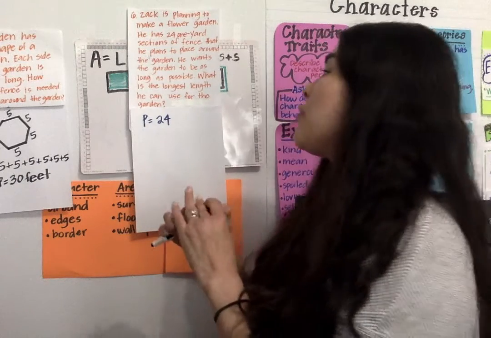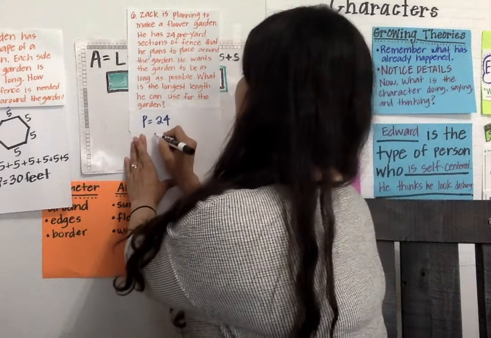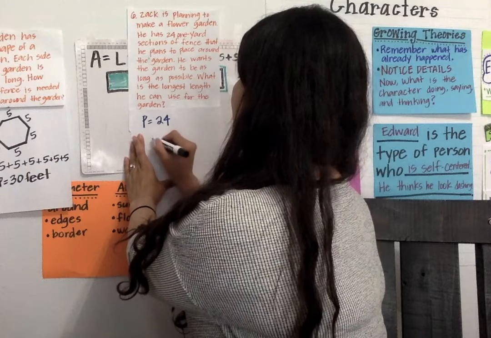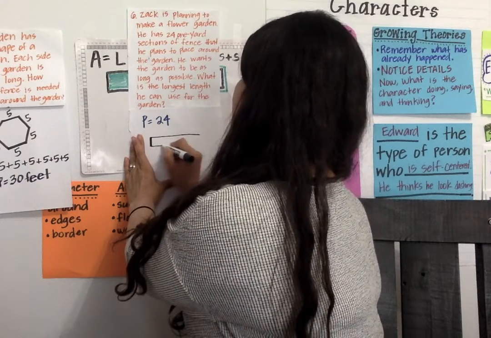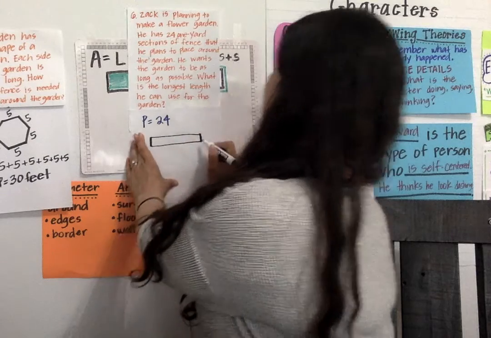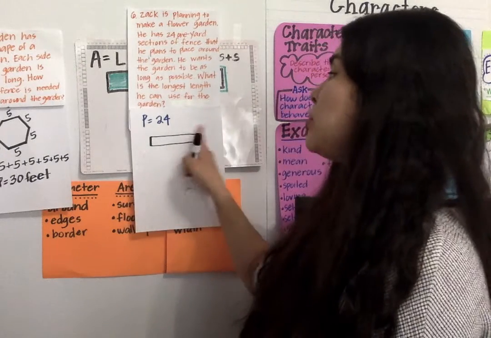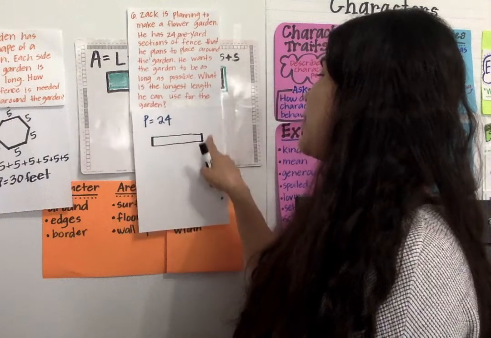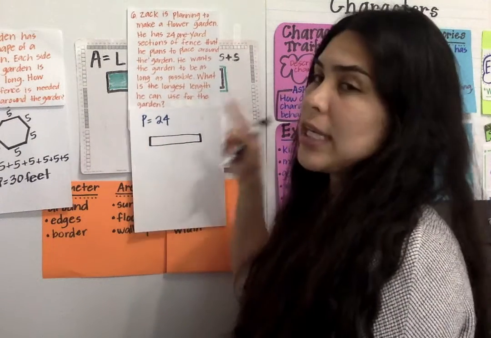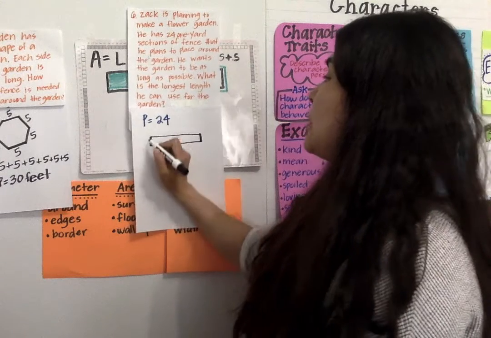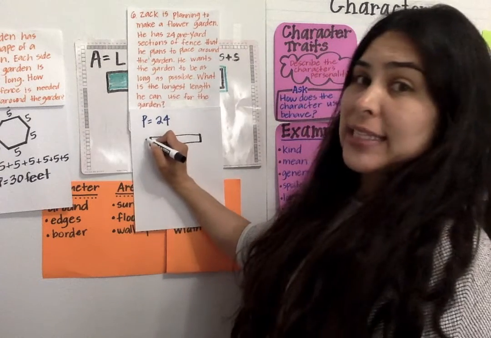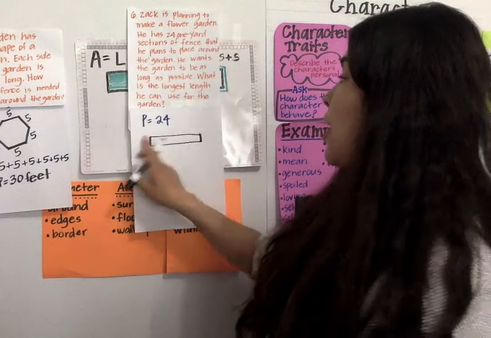Okay, so if he wants to make his garden really long, I imagine it's going to look something like this. So I have 24, right? This side plus this side plus this side plus this side equals 24. Okay, so I want to use as little as possible on both sides.